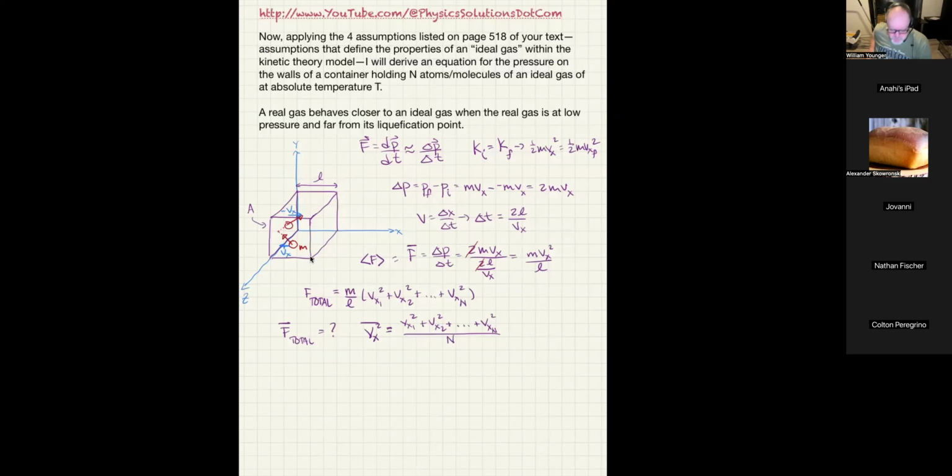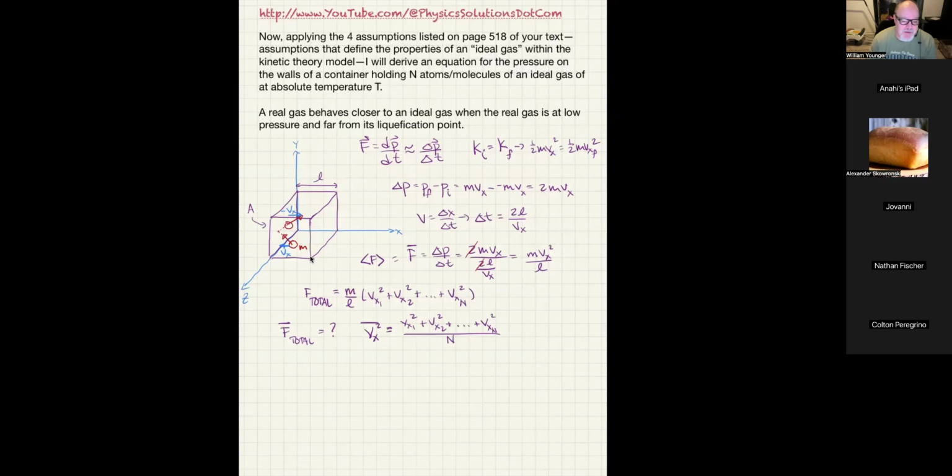So the average square can be found by taking the sum of these Vx squared divided by n.